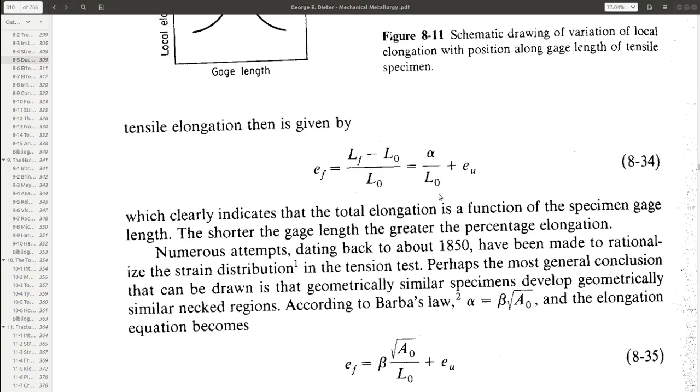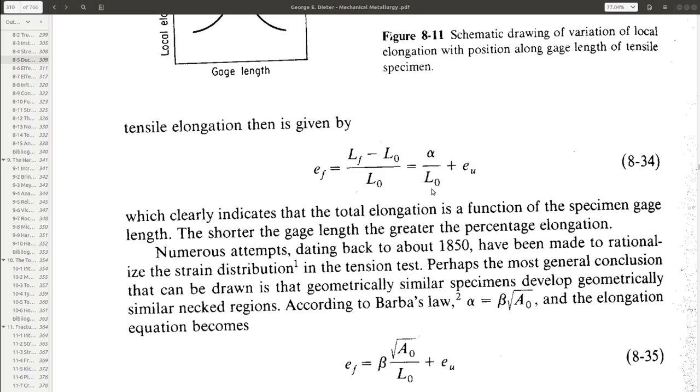L naught is the gauge length. If I increase the gauge length, the contribution due to this necking phenomenon is less, and if I decrease L naught, it is going to affect more. Therefore, when I try to understand the ductile behavior of the material using EF, I should also know what gauge length I have used.